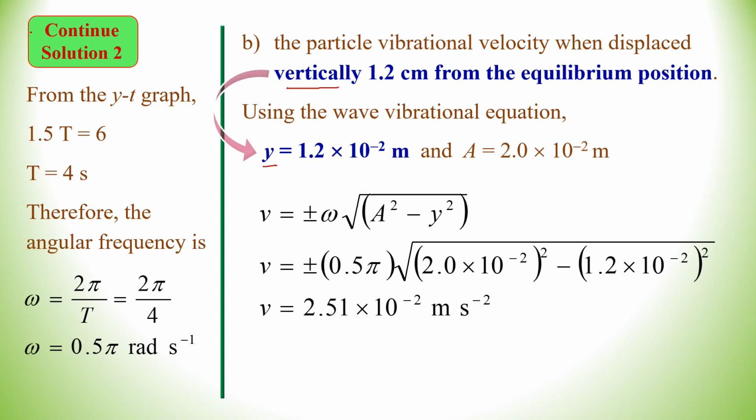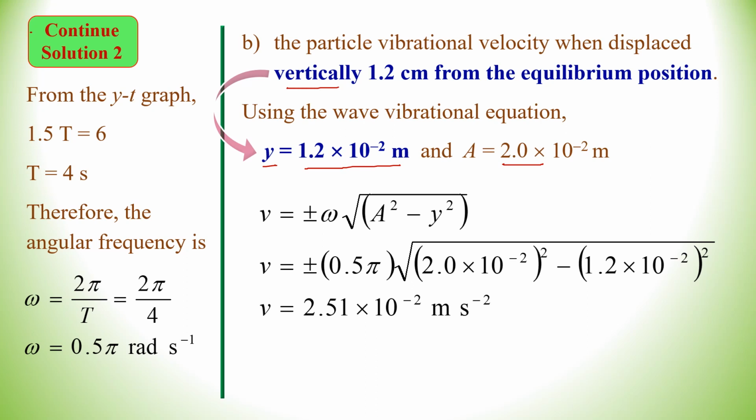Convert to meters, SI unit, 1.2 times 10 to the negative 2 meter. From the graph, the amplitude is 2 times 10 to the negative 2 meter. We can use the equation to find the velocity of a particle: v equals plus minus omega square root of A squared minus y squared. y is the current position of the particle.